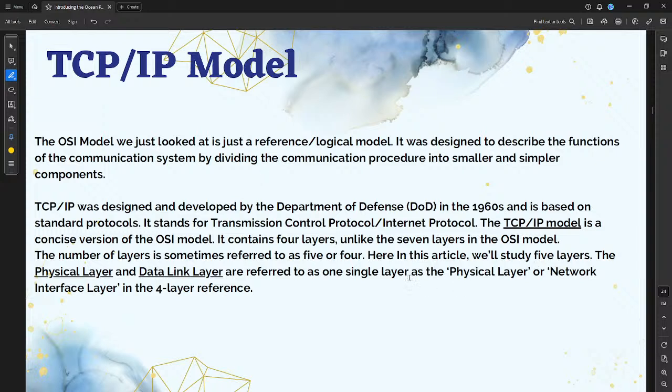We are going to study how this TCP/IP model is designed and how it also describes the functions of communications that happen on the internet or on networks.